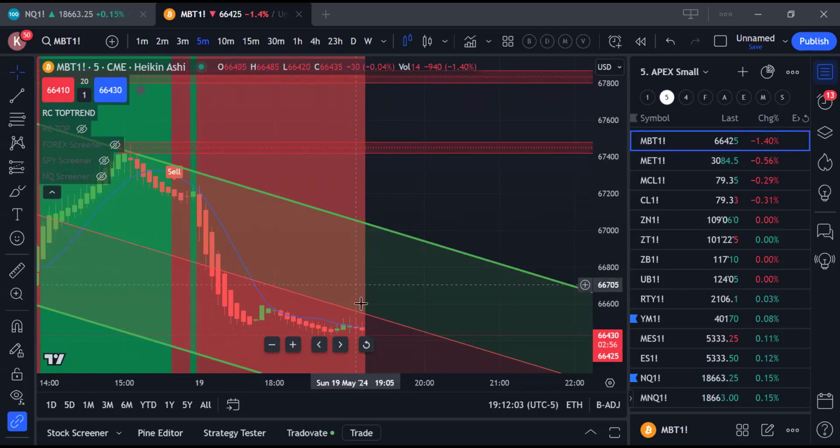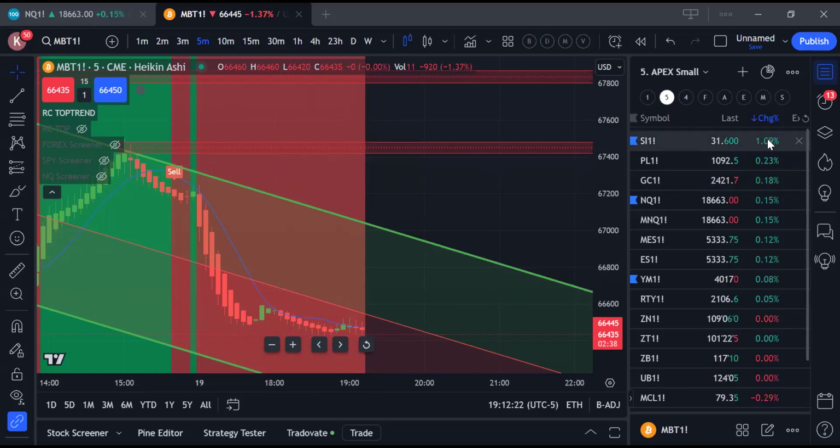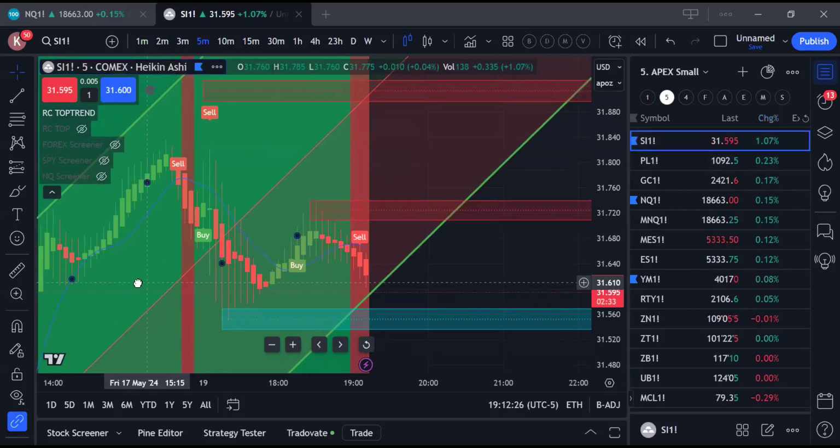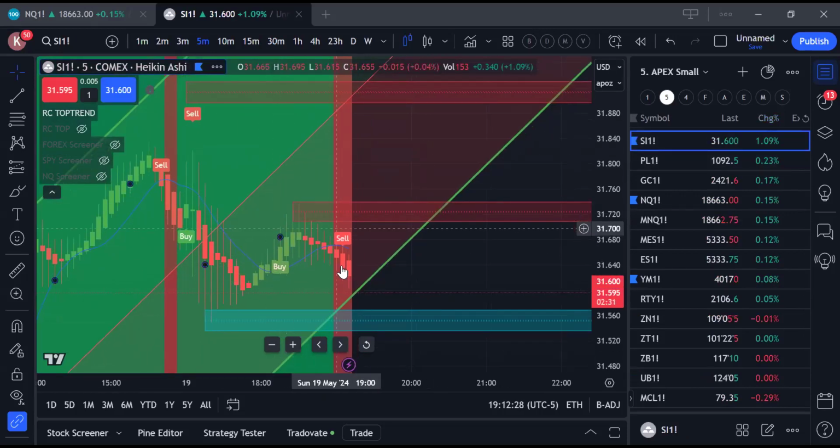So this is very easy even if you are new to trading. You don't need to know anything. If you know green and red, buy and sell, that is good. Whenever a ticker is bearish, if the background is red and you see sell, that is the best time to enter. Whenever a ticker is bullish, you will wait for the buy signal.